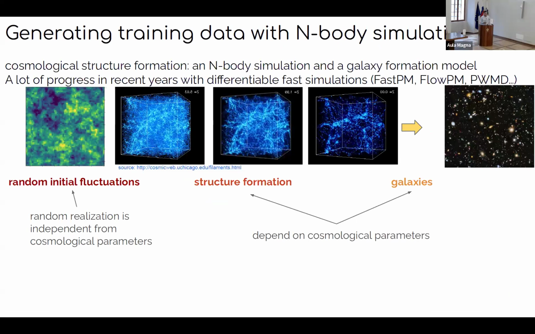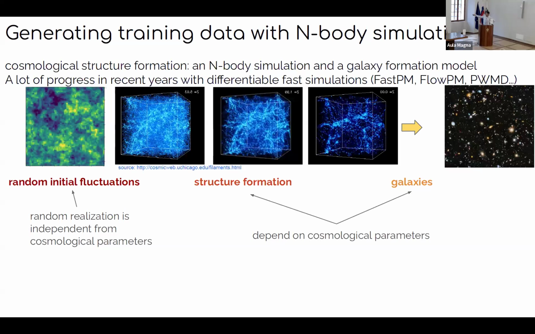But before I do that, let me just say a few words more about how we generate the data here. So we run an n-body simulation forward in time. We start from initial conditions, which is a Gaussian field. Then we run it through an n-body simulation, and gravity clusters these structures, and we get to this. And then if we need to generate galaxies, we also need to map from the dark matter to the galaxies.